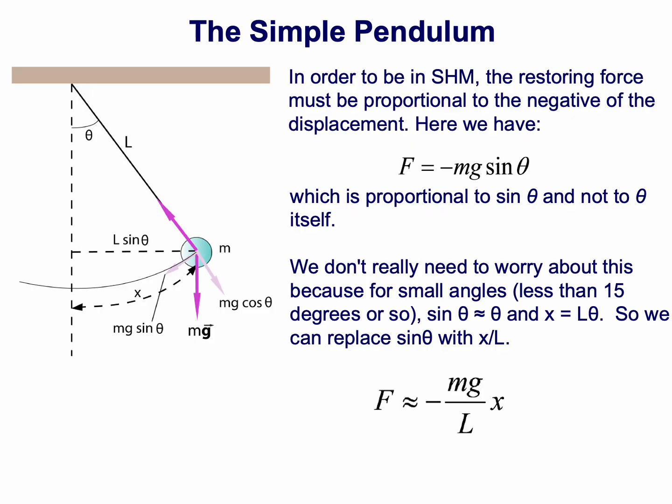So this slide looks super mathy, but it's just a quick version of how we end up getting there. So we have forces at angles, and we have some components that we kind of know about. But ultimately, the most important piece is this less than 15 degrees or so. That's what makes pendulums work.